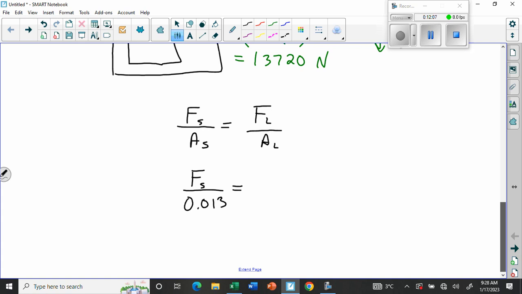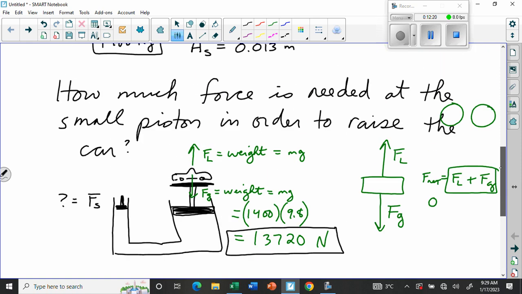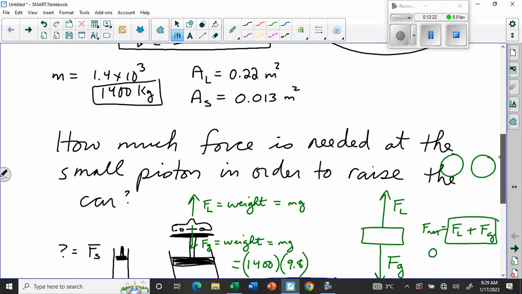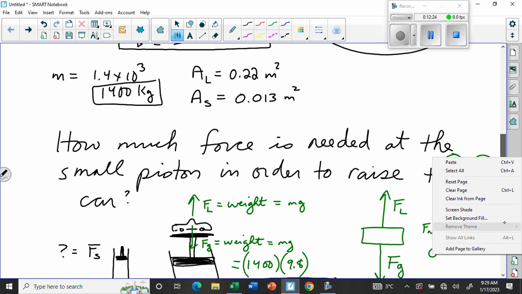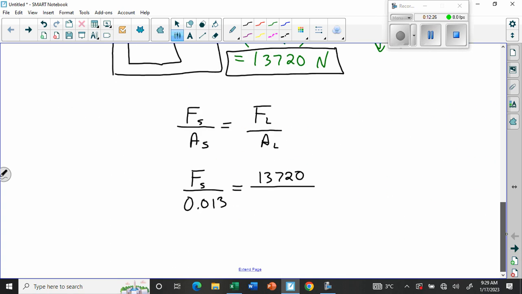Over here, we now know the force at the large piston. It has to equal the weight of the thing we're trying to lift. Okay, so that's what you have to remember. And then the area of the large piston was 0.22 square meters. So we can put that, 0.22. And now we can see how this can solve.